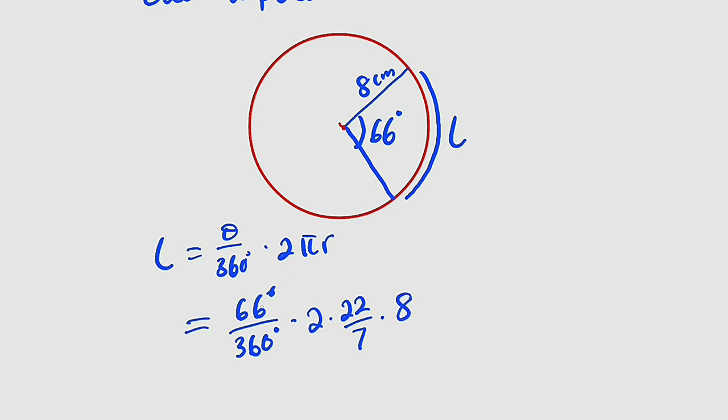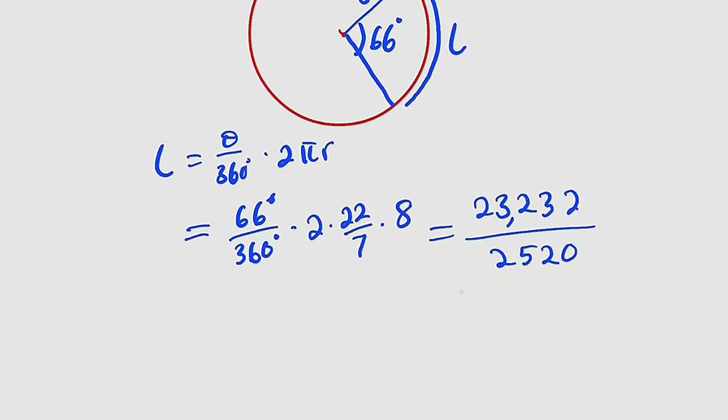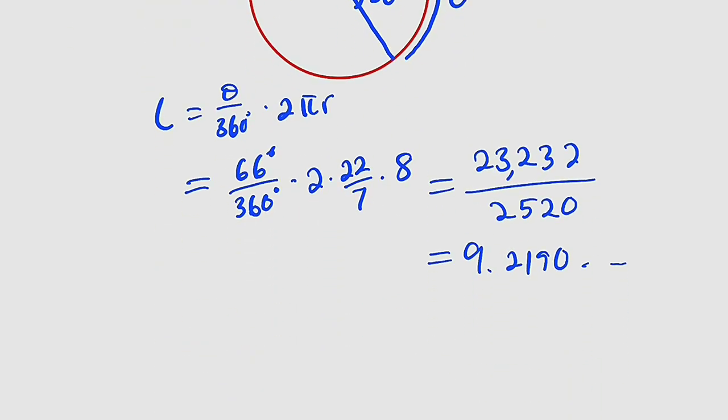All right, you can take your calculator, press this, multiply by this, and that will give us 23,232. Divide by 360 multiplied by 7, that will give us 2,520. Then use your calculator to divide these values. You're going to get 9.2190 and so on, but it is set to 1 decimal place, so this will be 9.2 cm, and this is the length of that arc.